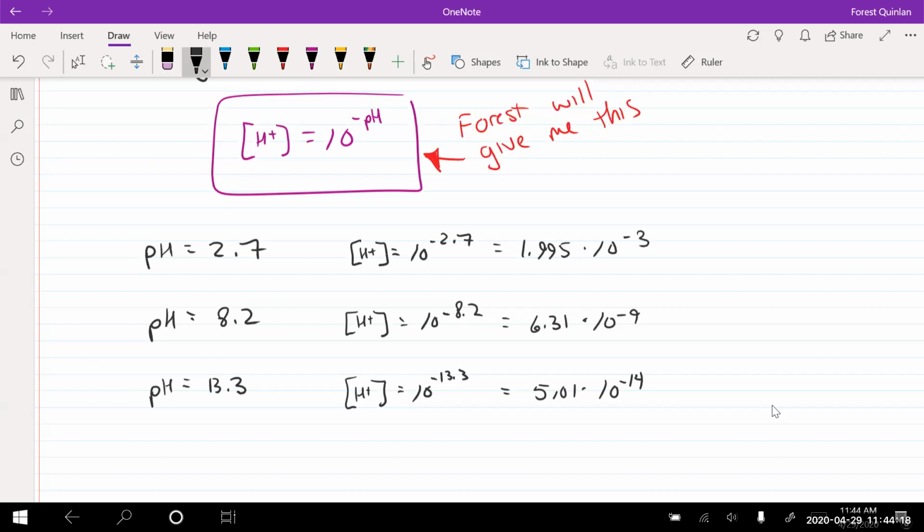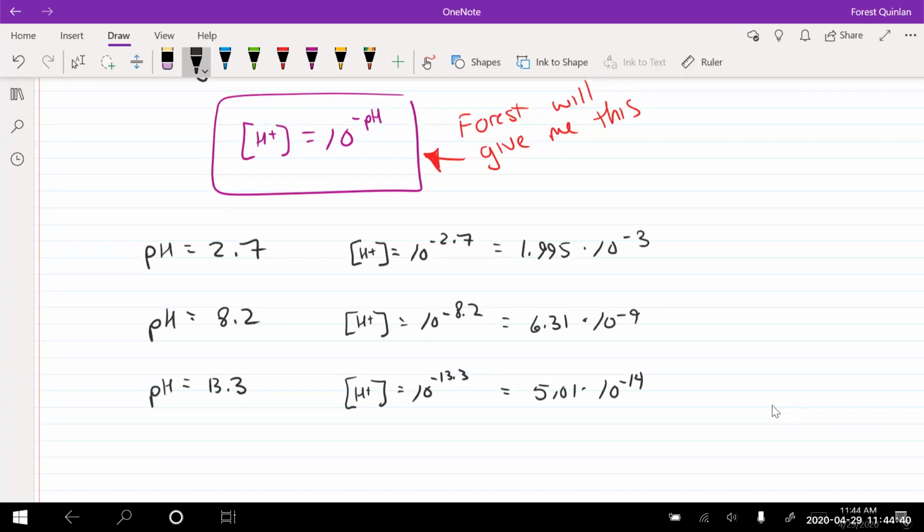Those are just a punch it on your calculator and go. There's really nothing to tell you more about that, except to look at what it means. At our low pH of 2.7, we expect to have a lot of H pluses floating around in solution. It's an acid.